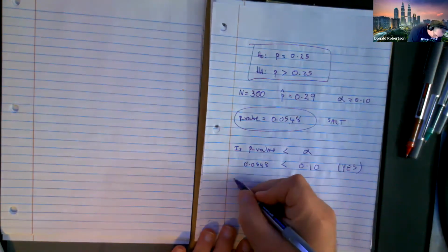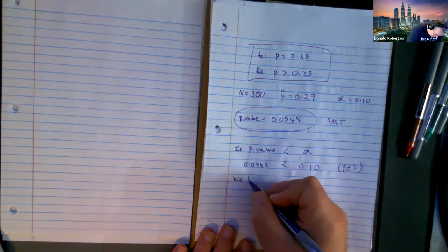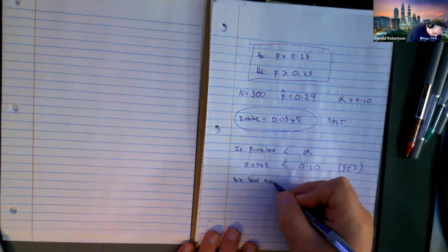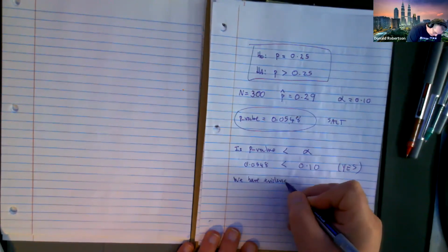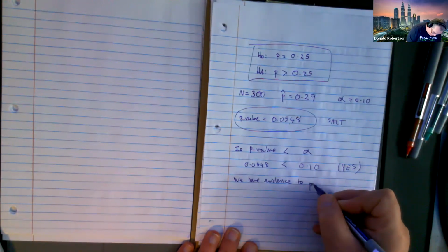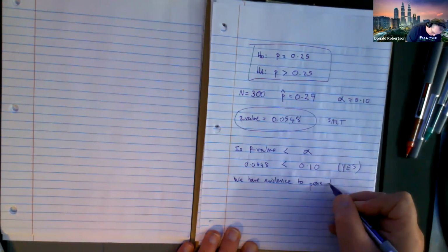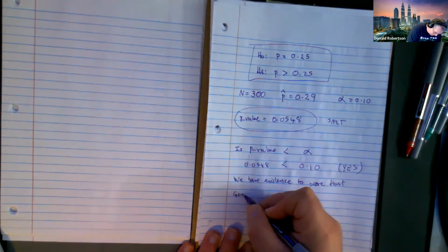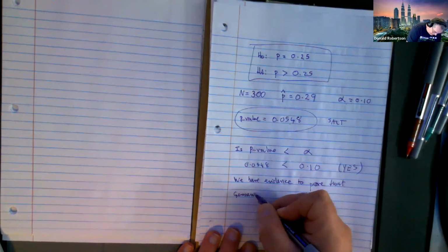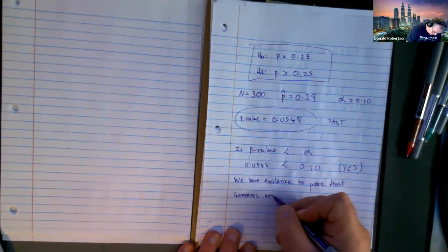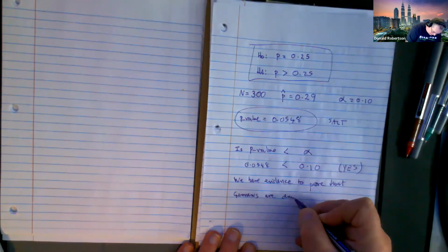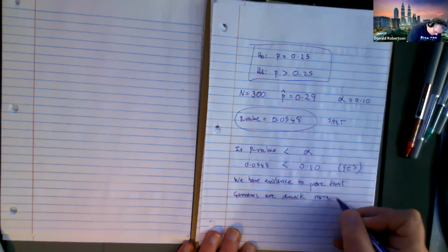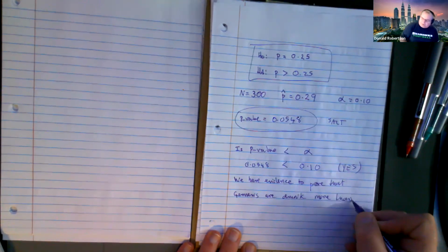So we have proved, or let's phrase it a little bit more formally, we have evidence to prove that Germans are drunk more than 25% of the time.